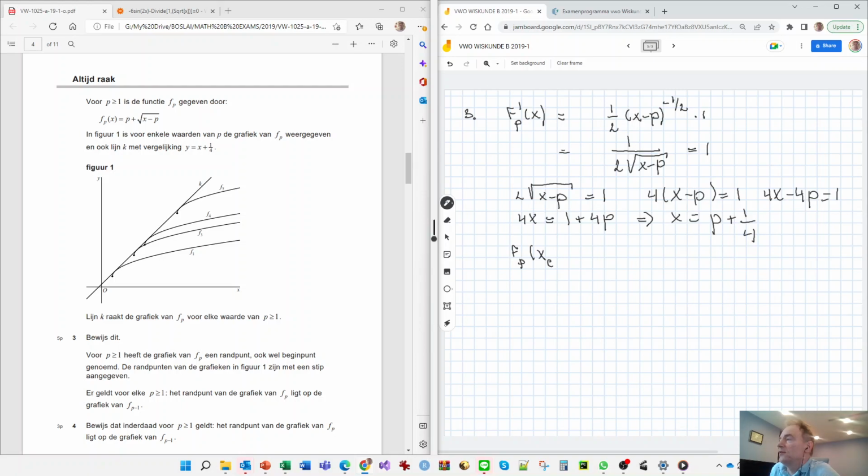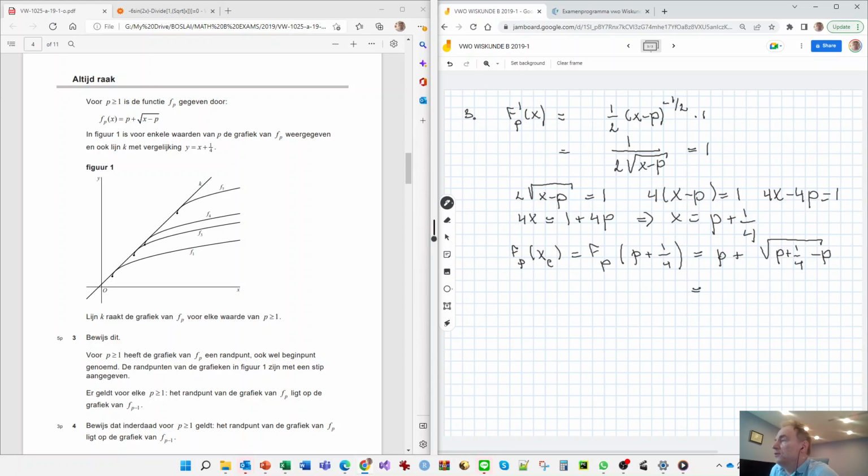So x, let's call this xe, is p plus 1/4. fp of that is p plus the square root of (p plus 1/4 minus p).